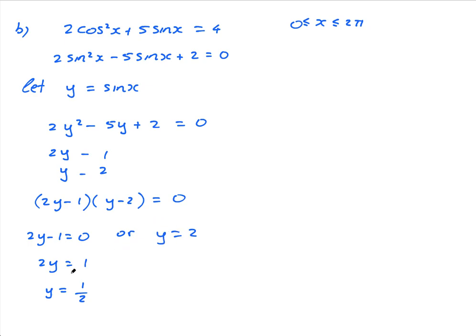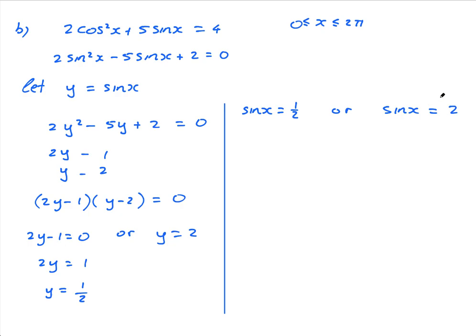Now, because we said y is sine x, I'm just going to draw a line down here. I said y is equal to sine x, so sine x equals a half, or sine x equals 2.